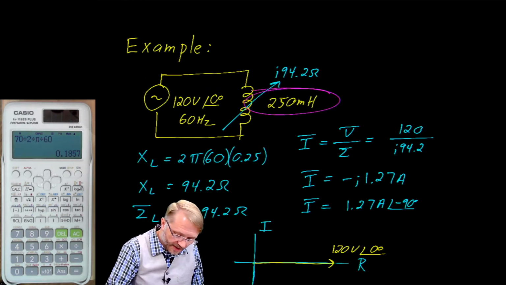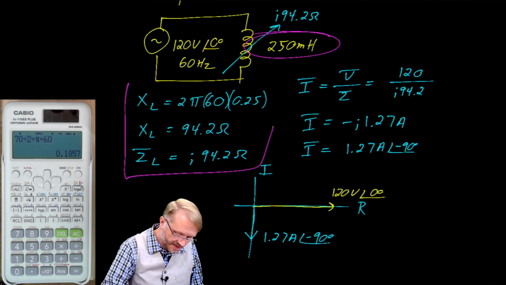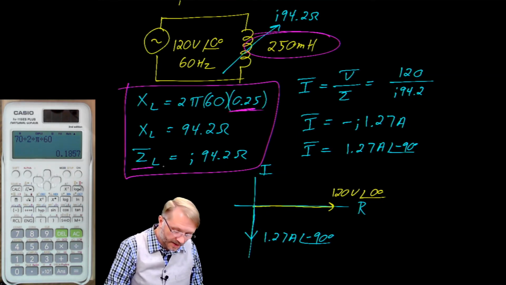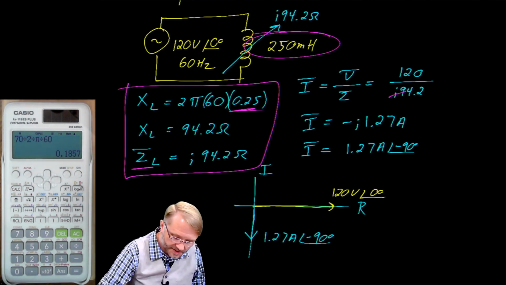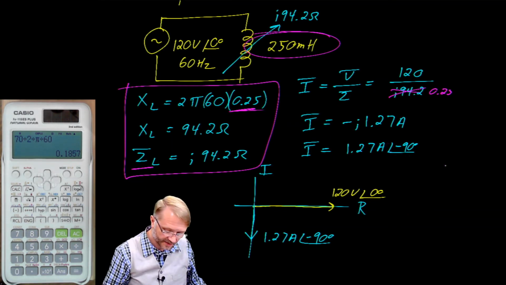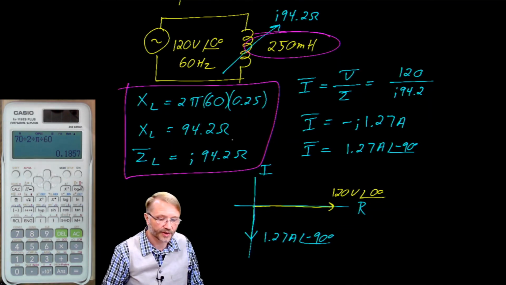The trap people fall into is that they forget to do this initial conversion. They forget to take the value of the inductor and convert it into the impedance. You'll see that when people try to put 250 millihenries down here, and that does not give the right answer. So you've got to be careful of that. Make sure it is in ohms before you get going.